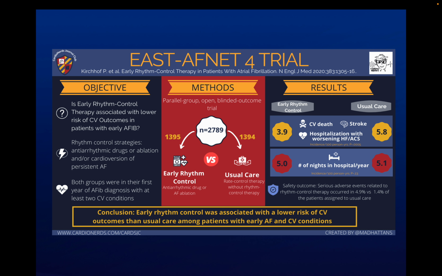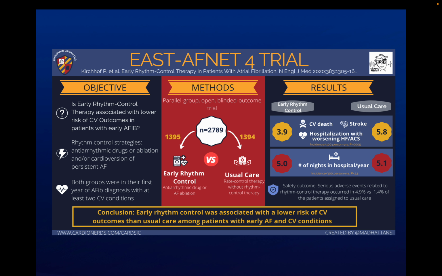They used a parallel group open-blinded outcome trial consisting of close to 2,700 patients of atrial fibrillation, randomized to either usual care, that is rate control therapy, or early rhythm control therapy consisting of antiarrhythmic drug or AF ablation.